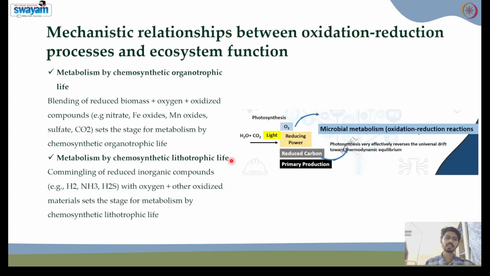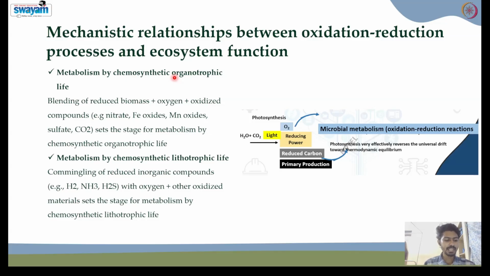For example, as we have seen, one of the most common reactions that microbes drive is oxidation reduction reaction. And if you see the chemosynthetic organotrophic life, what does it mean? It is nothing but it will use organic compound as the substrate, that is carbon source as well as the energy source. Here what happens?